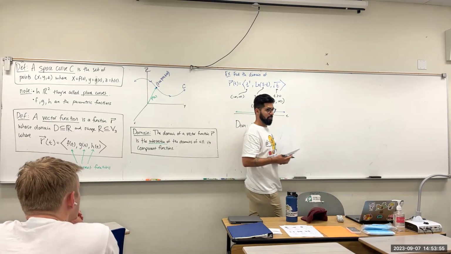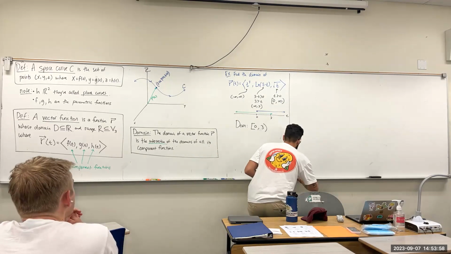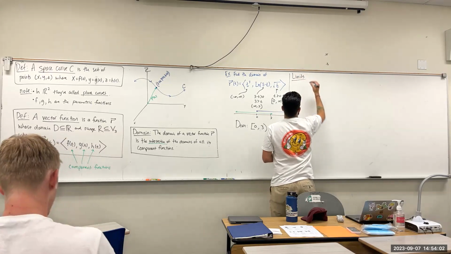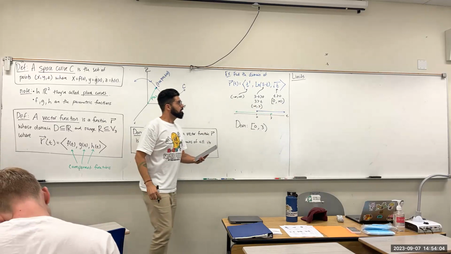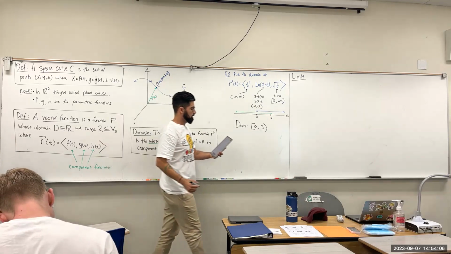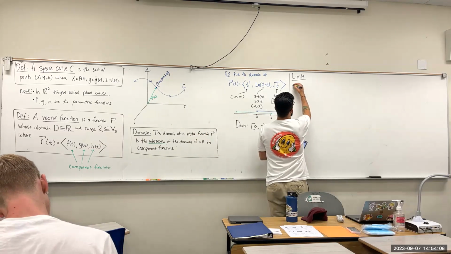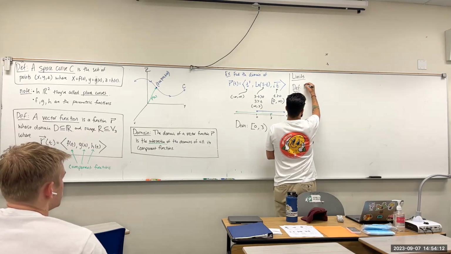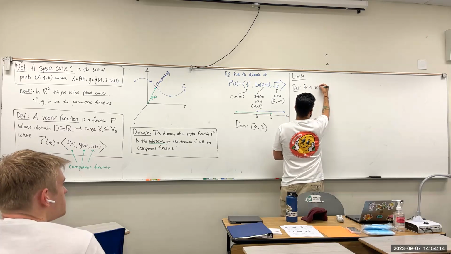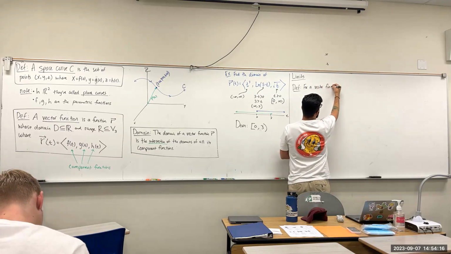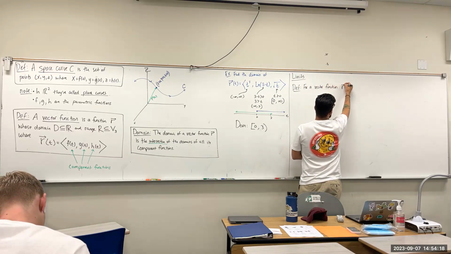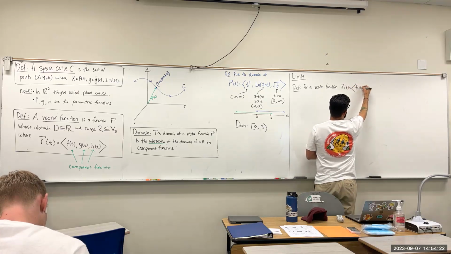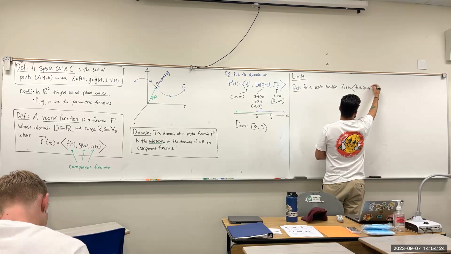Limits. Little calc. Okay, limits. It's going to get funky. Limits, baby. All right, this is how we're going to define the limit for these weird vector functions. For a vector function, let's say r, and let's say its component functions are f of t, g of t, and h of t.